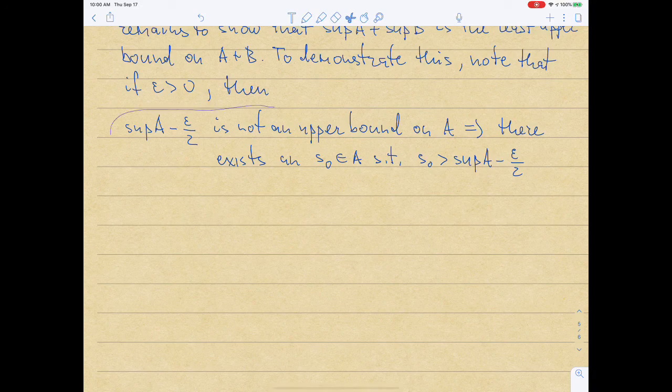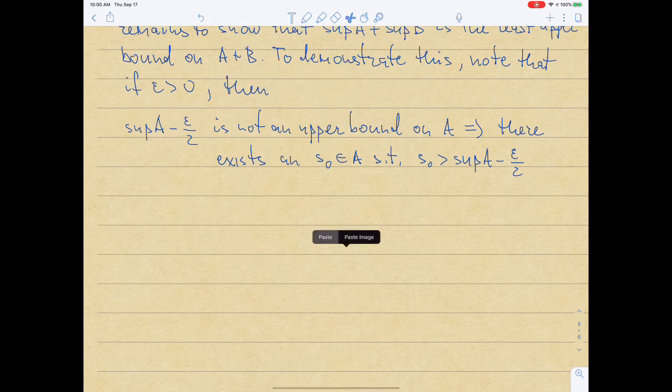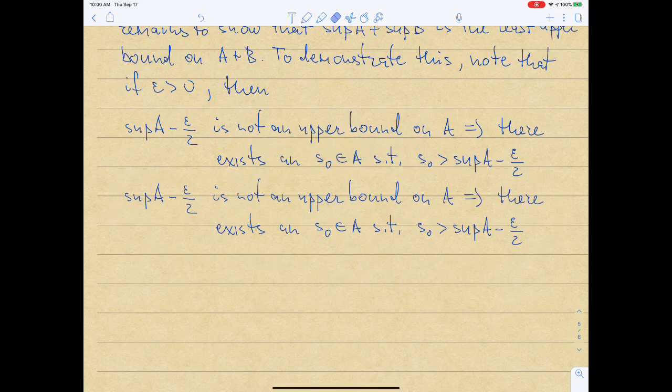And now exactly the same thing would be true for B, except I have to replace A's by B's. If I take sup of B minus epsilon over 2, sup of B is the least upper bound on B. I reduce it a little bit. The outcome is not an upper bound, so therefore I should be able to find an element of B which is above that number.